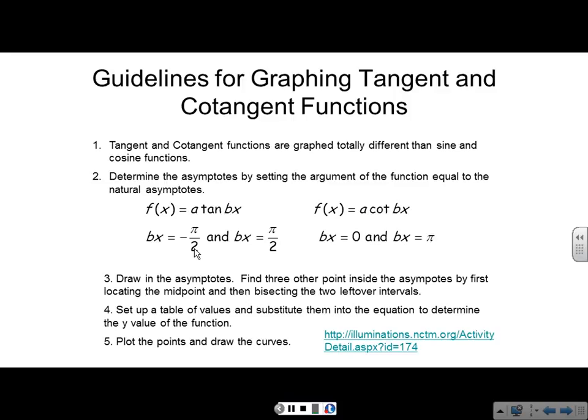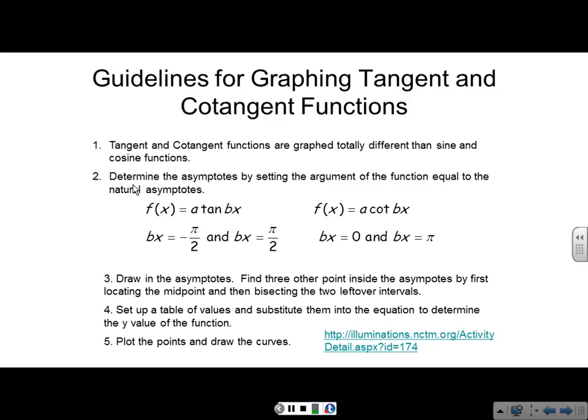Now, one thing that you need to understand is that in a tangent and cotangent function, and if you look in your book, you can either look on the inside back cover of your book, or you can look on pages 169 and 170 and see those. So the main thing that I want you to notice here is that we do have asymptotes with the tangent and cotangent functions, and basically what that means is this graph cannot cross over the asymptotes.